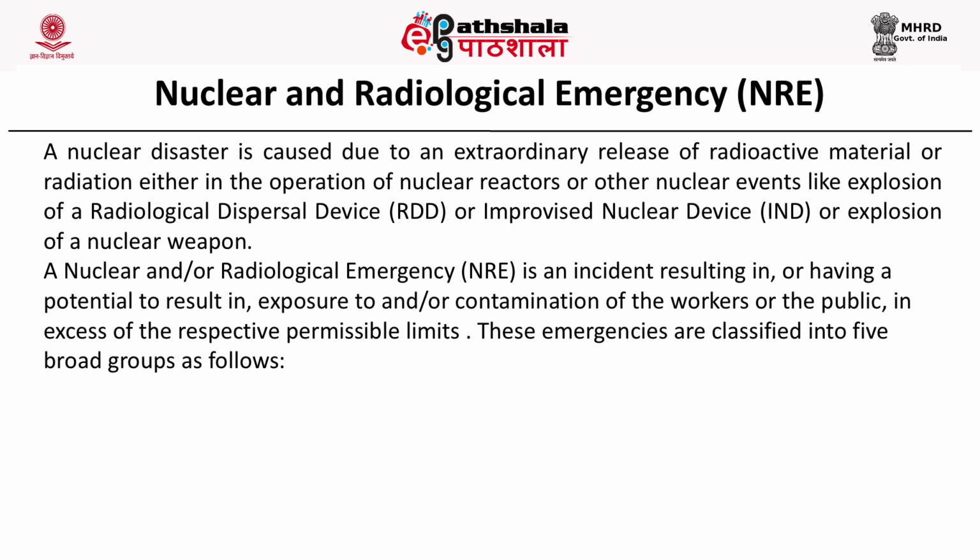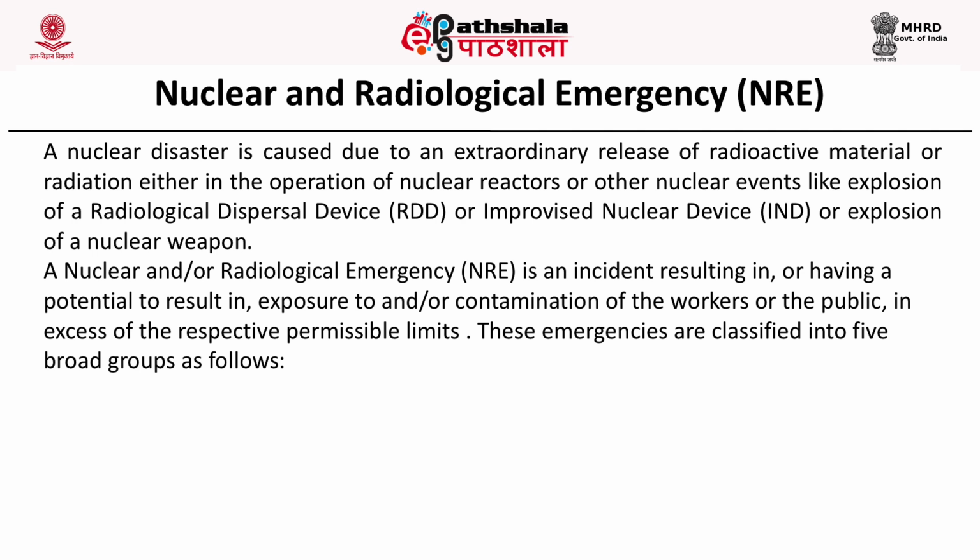A nuclear or a radiological emergency is an incident resulting in or having a potential to result in exposure to and or contamination of the workers or the public in excess of the respective permissible limits.